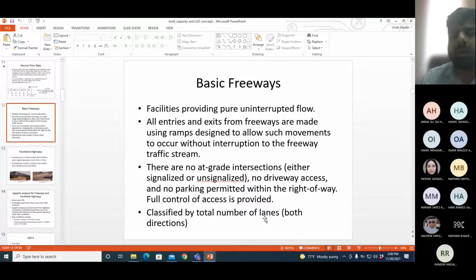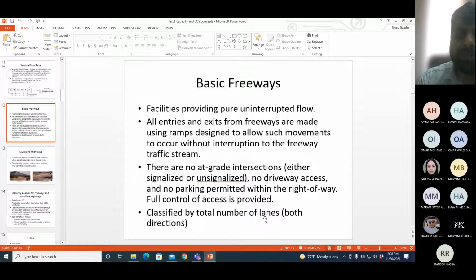Ramps by default are not considered as interruptions unless you make them into something special. Why don't we consider a ramp as an interruption? Because for a ramp, the flow on the freeway is not supposed to stop. The ramp has its own lane, people enter and exit from there. The flow on the freeway is not supposed to stop or get distracted because of the ramp. So ramps are not considered as interruptions.